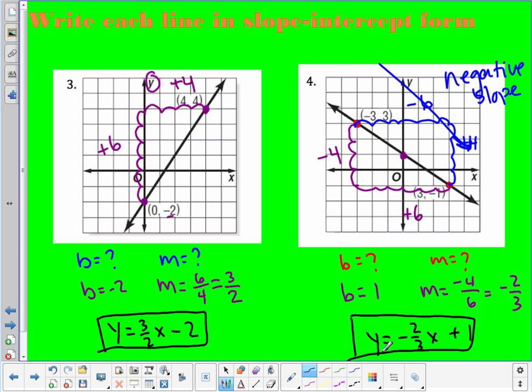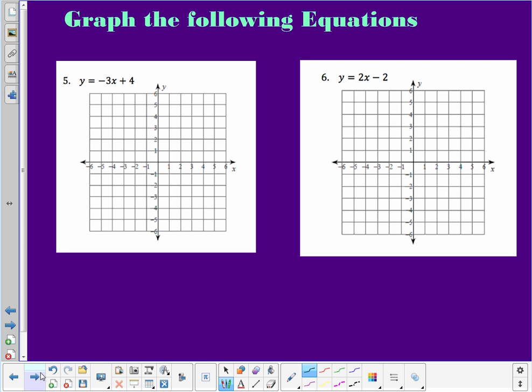Now let's talk at number 5 and number 6 about how to graph these equations. Now we're given the equation, but we need to put them on a graph. Remember that this is your slope and this is your y-intercept. So we want to start with the y-intercept. I'm going to start with the y-intercept of 4 here, which means I count up 1, 2, 3, 4 places and put a point on the y-axis because that's the y-intercept of the graph.